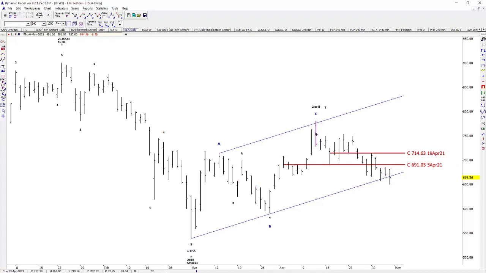I do know that as of a few weeks ago, this top in mid-April for Tesla was in a position to complete an ABC correction. I do know that Tesla has come down and closed below the closing high of the wave A. It has come down, made a swing low, a little corrective rally, and then closed back below the swing low. That's another indication that the wave C is complete.